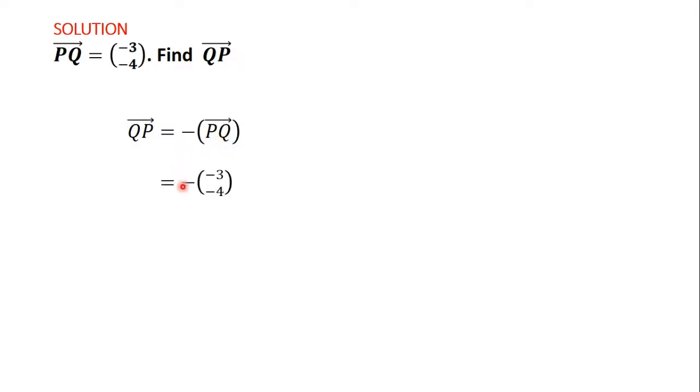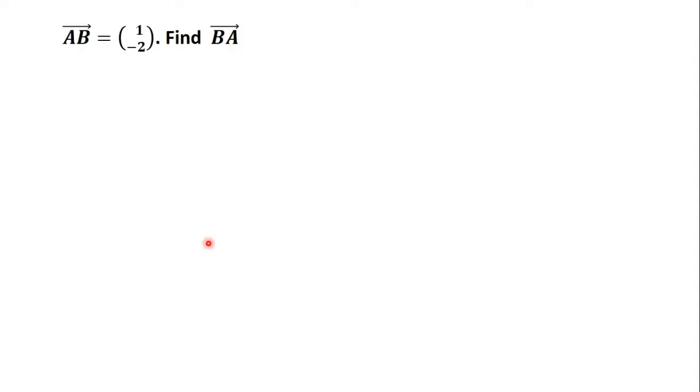So we are going to have minus of minus 3, minus 4. So we negate the x component, which is already negative. So it is going to be minus minus 3, which will give us 3. Then we also negate the y component. So minus minus 4, which will also give us 4. So if PQ is equal to minus 3, minus 4, QP will give us 3, 4.